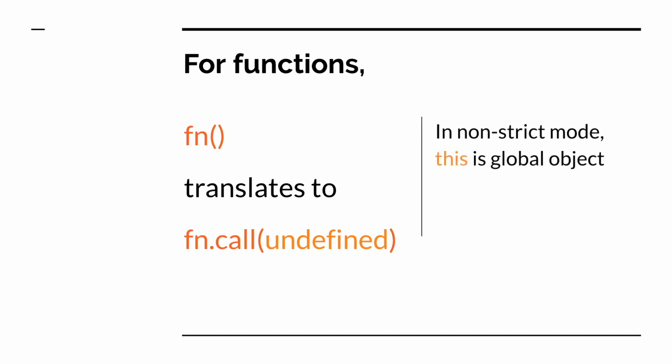But in non-strict mode, the same undefined gets internally changed to the global object. So in case of non-strict mode, the value of this within bar is going to be the global object, which is again wrong, right? You expect this to be foo, not undefined or the global object. So this is what happens in case of a function. That's why if you pass a method around as a callback function, the value of this within it is not as expected.